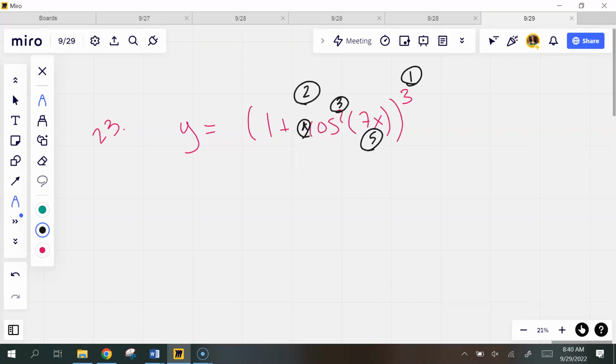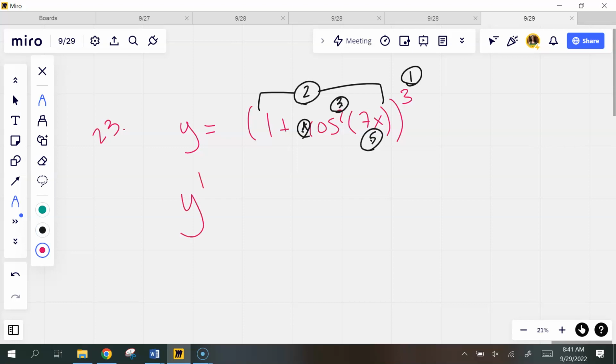You see how I'm working from the outside in? I don't know if that helps you with the steps like that to show you, but within that entire parentheses, I have to do this, this, and this.